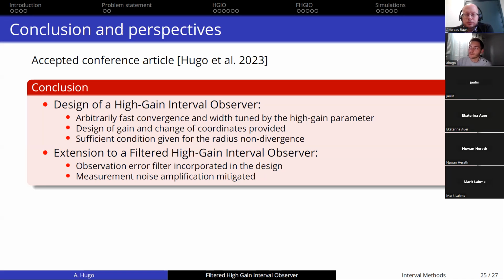I also showed the design of the gains and the change of coordinates, and the sufficient conditions to ensure that the radius does not diverge. The other contribution is the extension of this observer to a filtered version. A filter is incorporated in the design in order to mitigate the measurement noise amplification, which is one of the main drawbacks of high-gain observers.